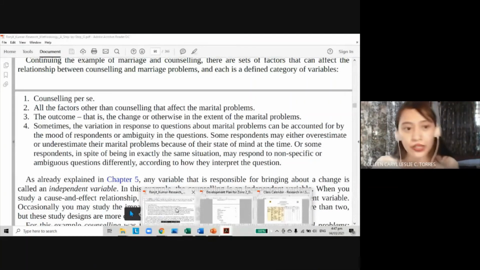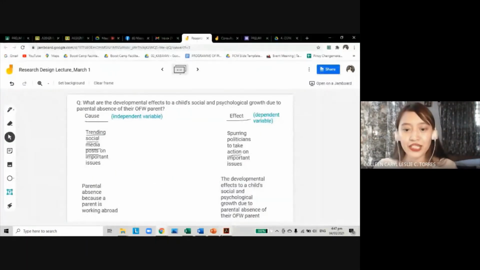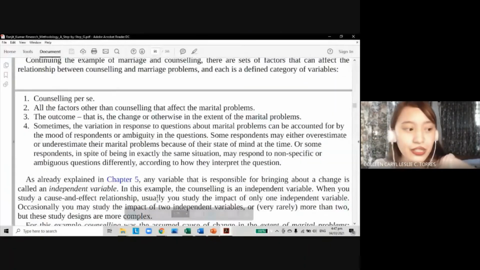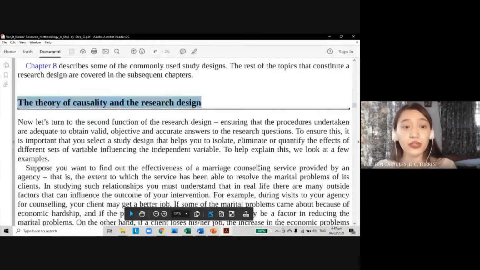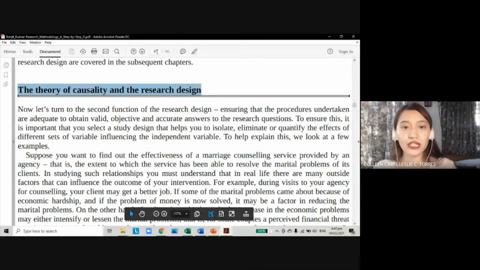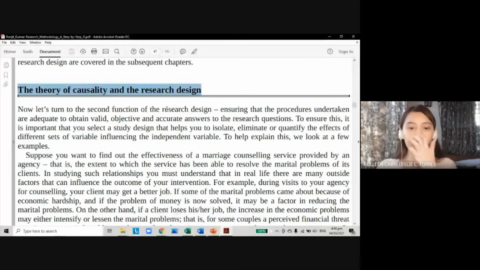So, okay, let's go to the book. Now, in the book, so we were discussing about the theory of causality in page 97, causality and the research design.